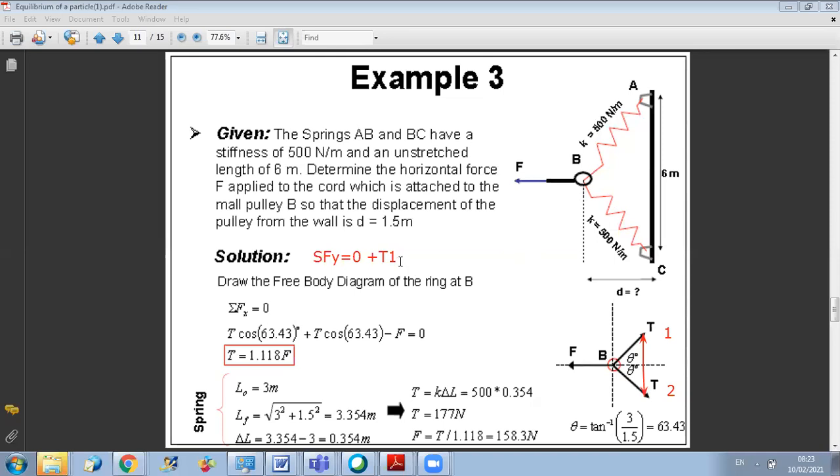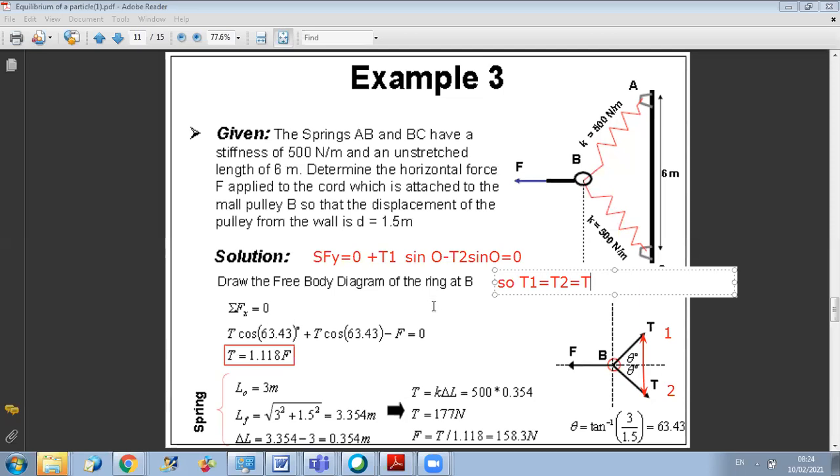So I write T1 sine theta minus T2 sine theta, and since theta is common between the two due to the symmetry in geometry, if I take it as a common factor, I get that T1 is equal to T2 equal to T. So the symmetry is equivalent to sum of y equals 0.